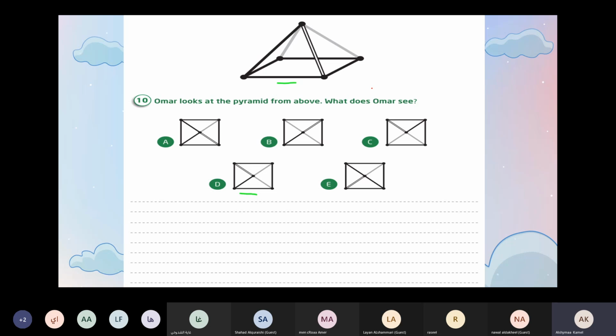They took the long side of the rectangle, not the short one. I think it's C. You see here, these are the gray sides. They took the long one and they are the same size. So it will be C.